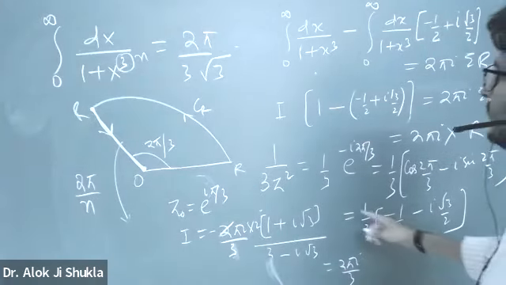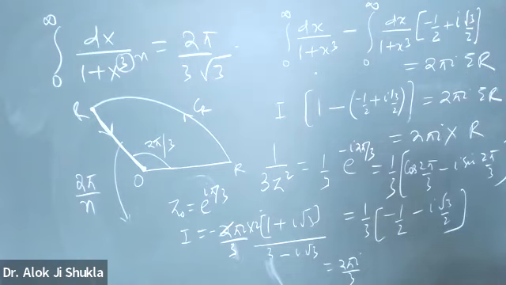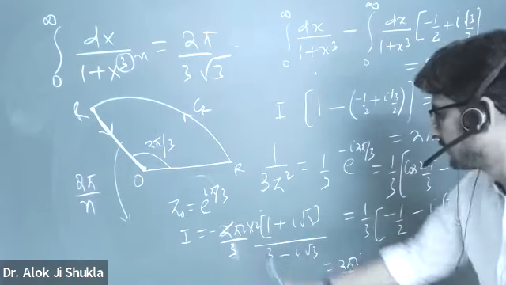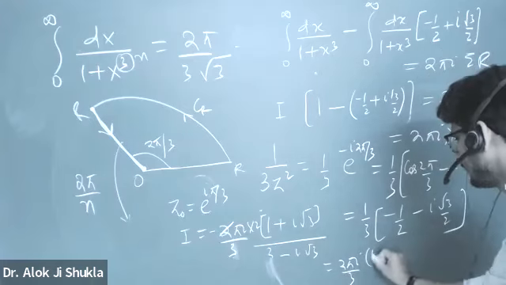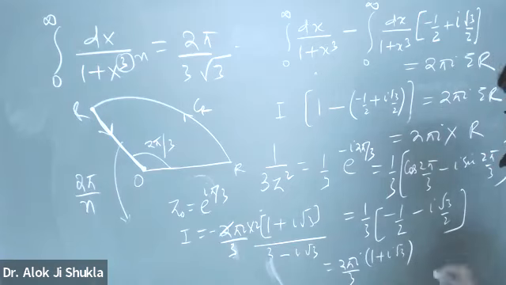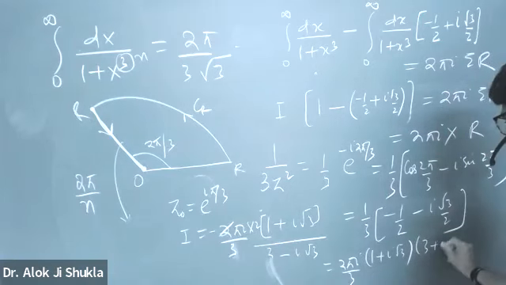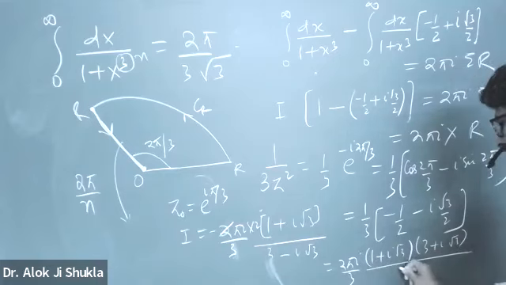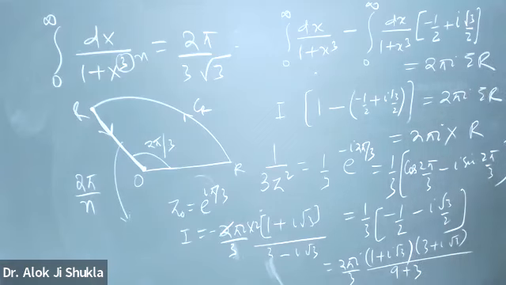Okay, because we have done it. So 2 pi I फिर से आ गया ना 2, और यहाँ 1 plus I root 3 into 3 plus I root 3 upon 9 plus 3. Correct?